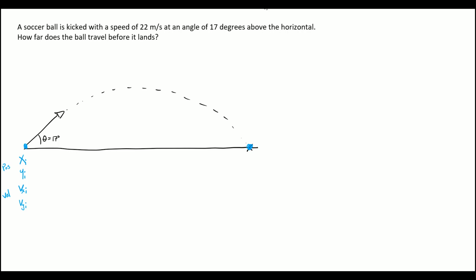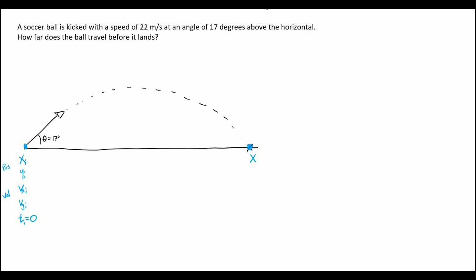I just use subscript i for initial. There's also an initial time. We can typically just set that to 0, to start our clocks when the ball is kicked. Way at the end, we have the same sort of variables.